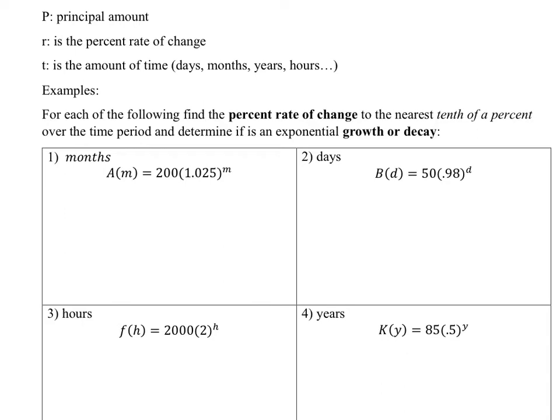So how you find the percent rate of change is you take whatever the base is. So this right here is the base, because it's the only thing being raised to the exponent, and you subtract 1. That's it. That's your rate. Because if you look at the formula, it's 1 plus R, so whatever that is minus 1 will be our rate.